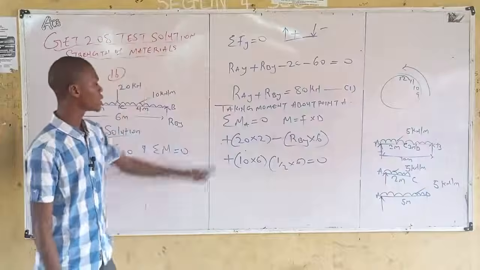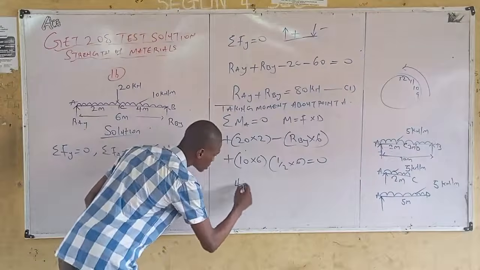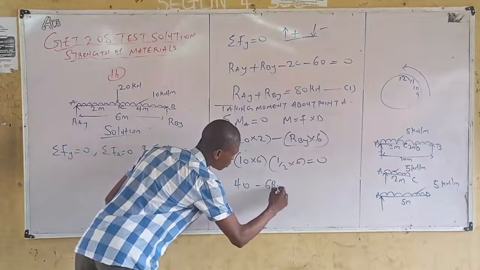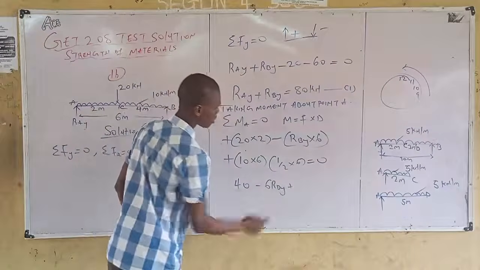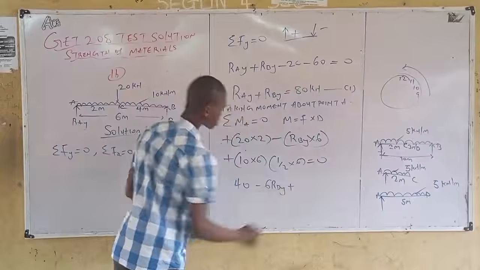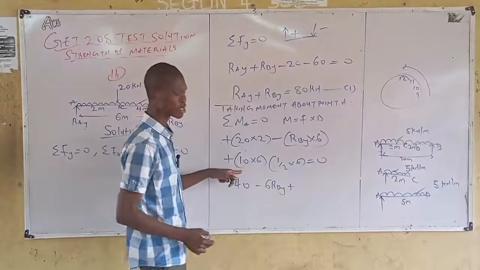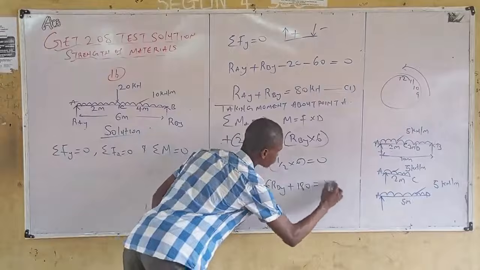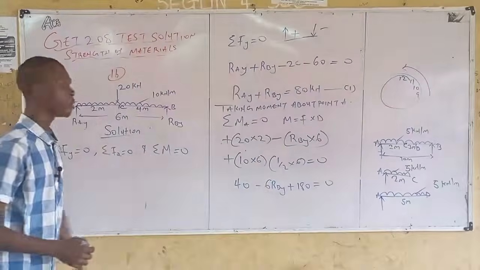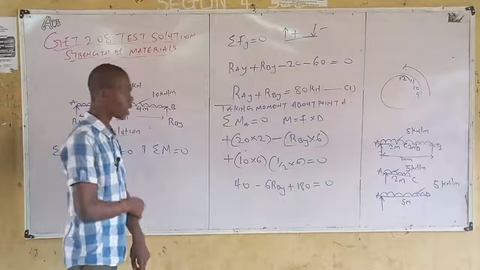Now let's solve. From here, this will give me 40 minus 6RBY plus 10 times 6, which is 60. 60 times 3 is 180, equals 0. Make RBY the subject of the formula.